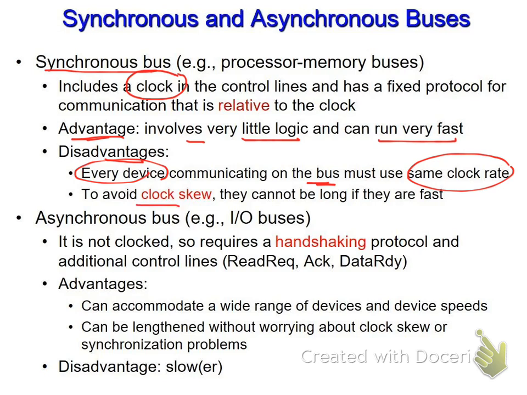Also, to avoid clock skew, the buses can't be long if they are very fast. What is clock skew? As an example, if I am here at my location, and I am assuming that a sound wave is traveling, yes? Of course, it will arrive at the first row faster than it will arrive at the last row, correct?